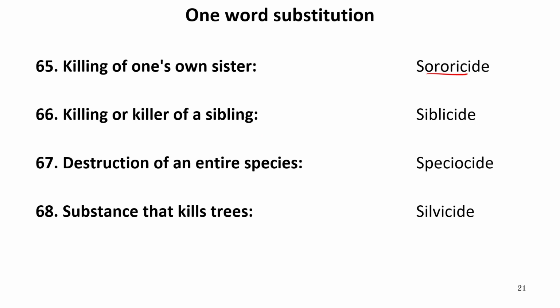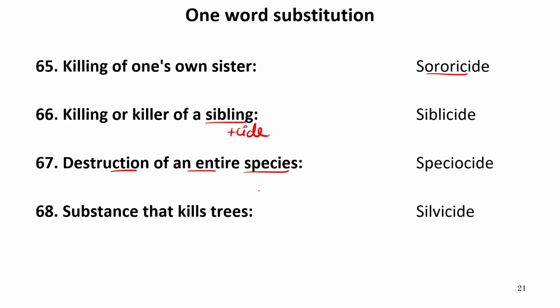Killing or killer of sibling. Now, there is a difference between sibling, brother and sister. So, brother and sister are specific and sibling can be for any. So, it is siblicide. Again, we are using sibly plus side. So, that is siblicide. Destruction of an entire species.